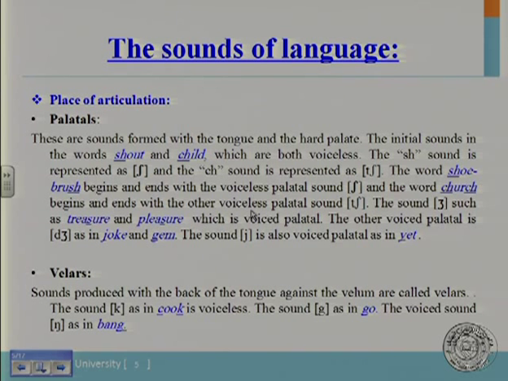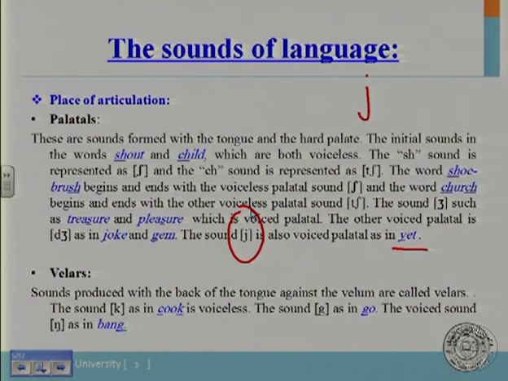Now the sound yeah. As a letter it's J, but in fact, as a sound, it's not j, it's yeah. This is the symbol of yeah, a voiced palatal sound, as in yet.